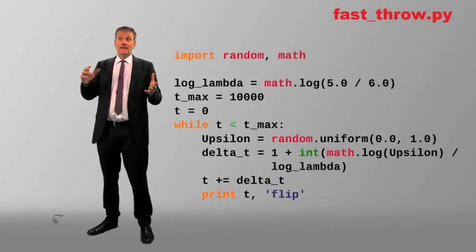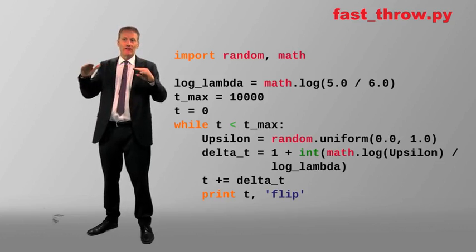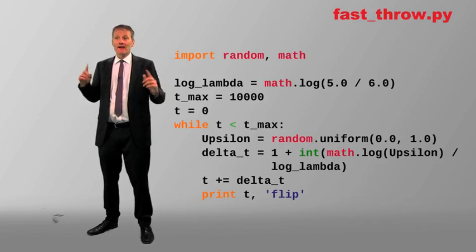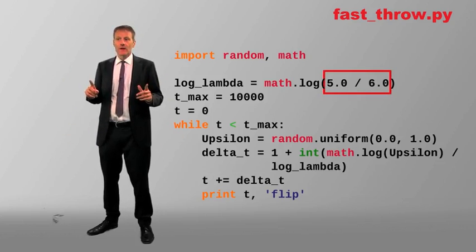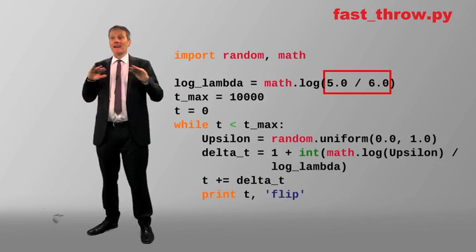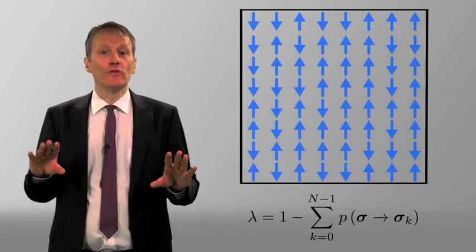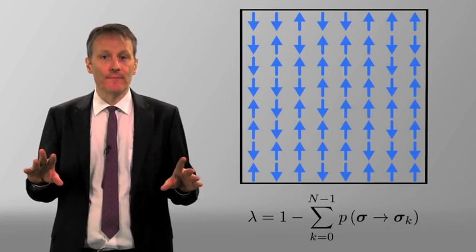In the dice rolling algorithm fastdie.py, we notice that the quantity that was important was not 1/6, the probability to have a flip, but rather 5/6, the probability of doing nothing. Now, in our N-site Ising model, we also have to compute the probability of doing nothing.